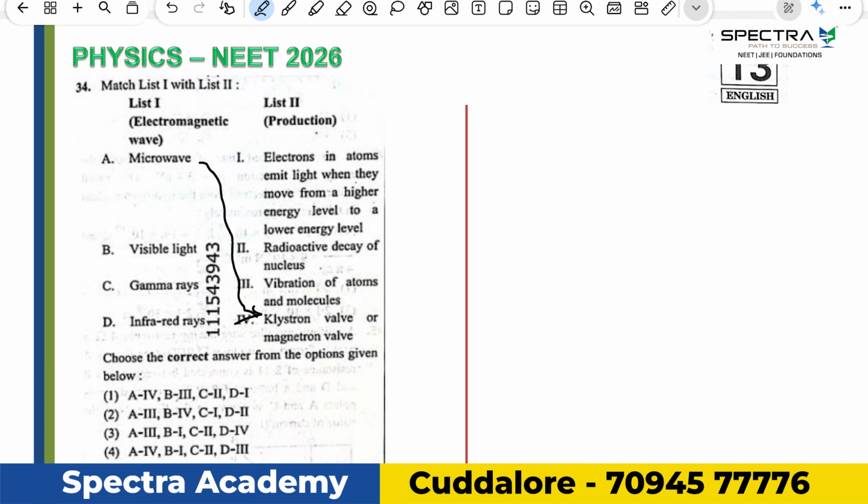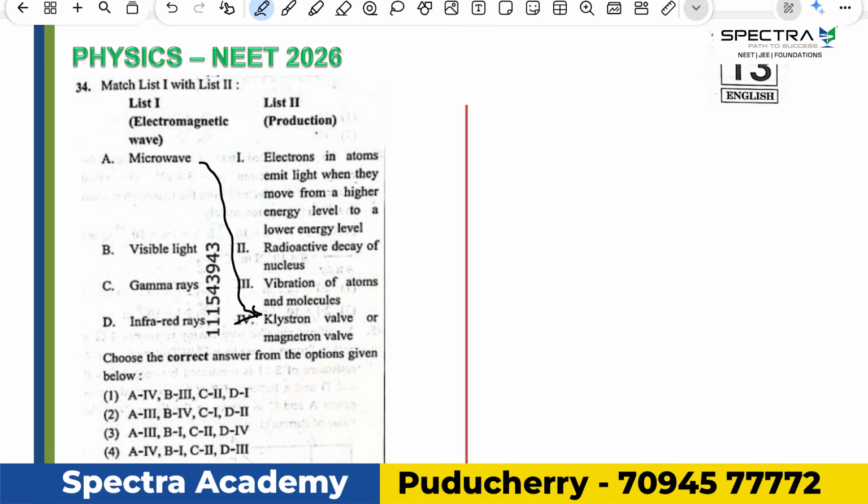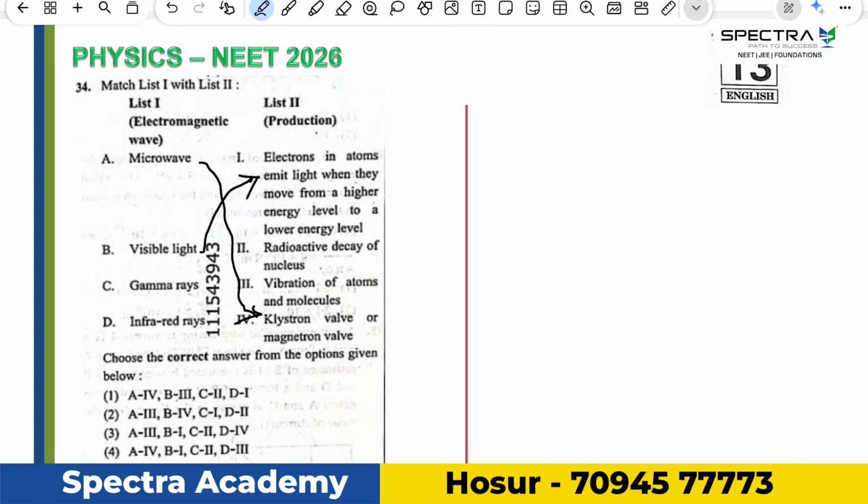But whenever we go with visible light, it should be that electrons in the atoms emit light when they move from a higher energy level to a lower energy level. So B should go to 1. Whenever we compare the options, we can say option 4 is the right answer.